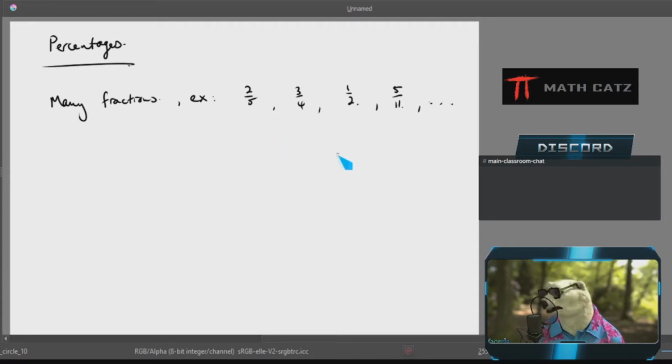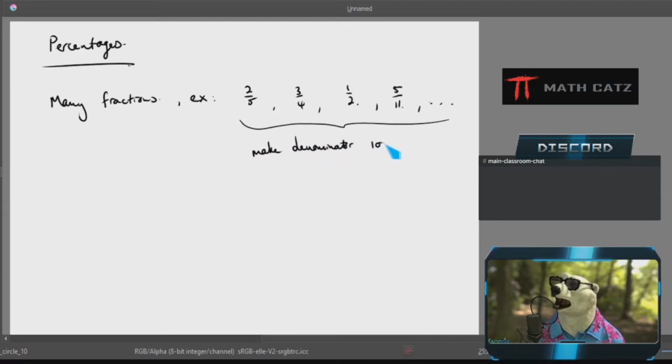So they said, let's just standardize all of these and make the denominator 100. 100 because we have a decimal number system, powers of 10. 100 is a power of 10. So it's maybe an obvious choice. 100 is the denominator.